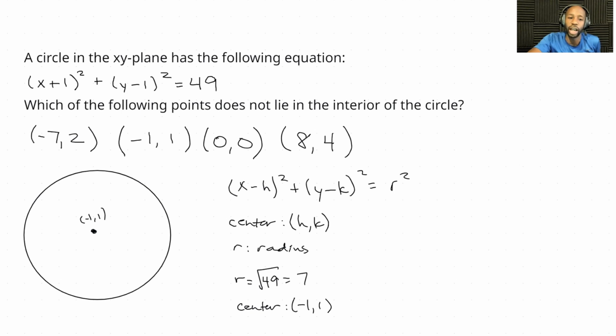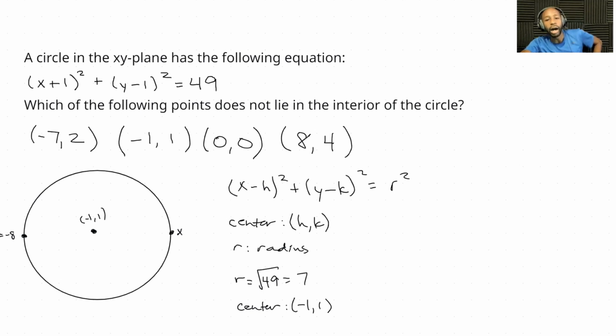So the most negative value that x can take on is x equals negative 8. The most positive value is negative 1 plus 7, which is x equals 6 here.